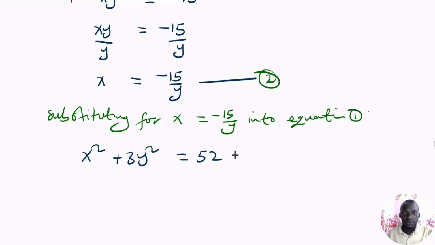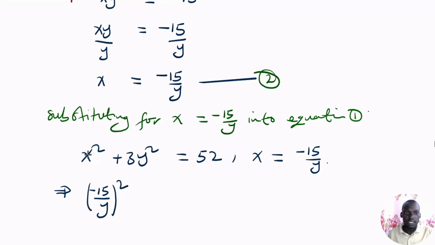We are substituting for x, which is equal to negative 15 divided by y. As we substitute, we get negative 15 divided by y, the whole of it squared, because x is squared, plus 3y squared equals 52.